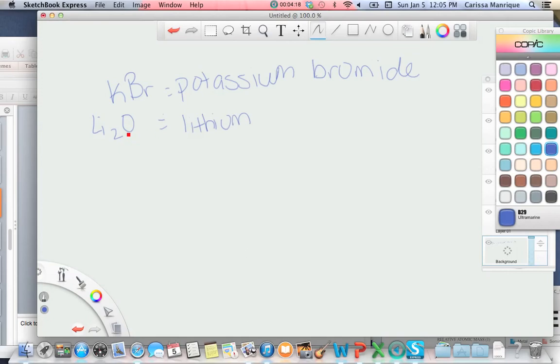And then this is oxygen, but we don't name it oxygen, we name it oxide. So remember with main group metals, we name the metal, and then the anion plus ide. So potassium bromide, lithium oxide.